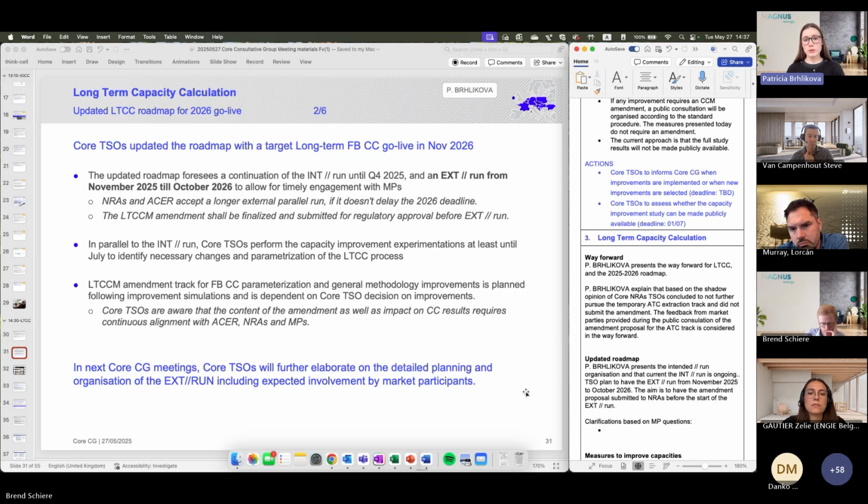So at the moment, what we can really say and restate is that we are trying to take on board the feedback from market participants to provide a longer parallel run covering the seasons, making sure that the insights on the capacity calculation results are as holistic as possible, and we would be engaging further on all the details of the external parallel run in the next meetings.